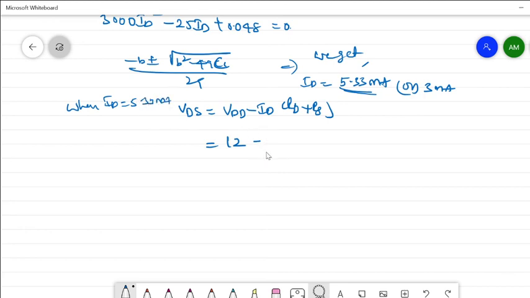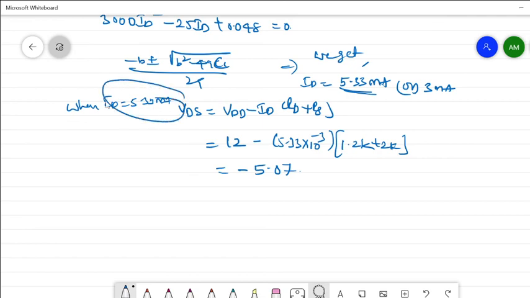Then 12 minus 5.33 into 10 power minus 3, RD is 1.2k plus 2k. Then finally you get minus 5.07. But VDS value is always positive, so this is an invalid ID value.